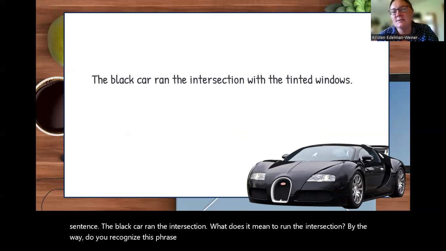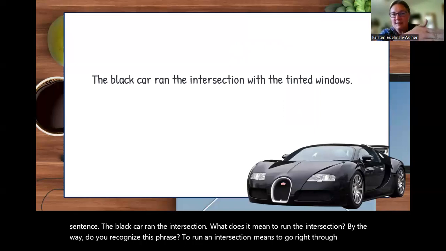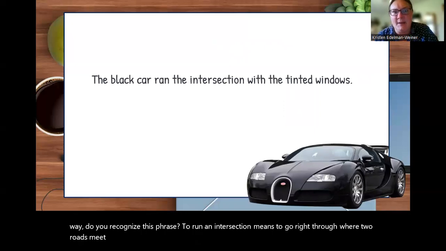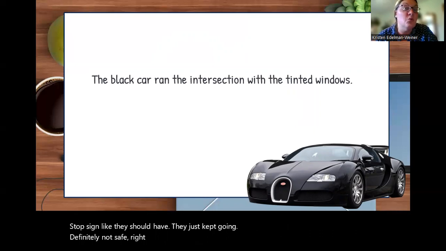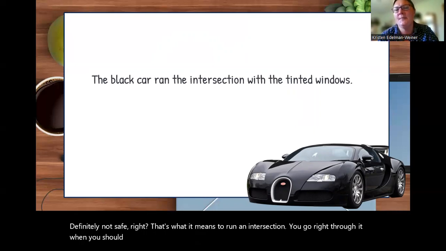To run an intersection means to go right through where two roads meet without stopping. So they didn't stop at the red light like they should have, or the stop sign like they should have. They just kept going. Definitely not safe, right? That's what it means to run an intersection. You go right through it when you should have stopped.